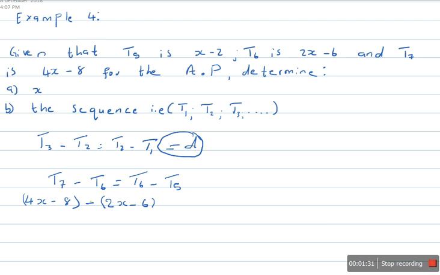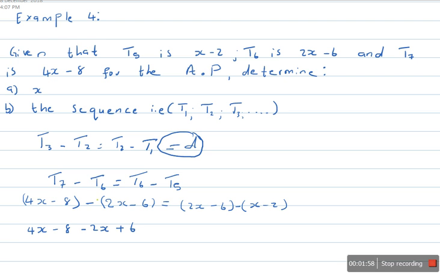Sikufake nje kuma-brackets ukuze ungeke ukhohlwe le negative sign. Equal to u-T6, sithe u-2x minus 6, bese kuthi u-T5, it's x minus 2. Right, so sesiyasolve. So it's 4x minus 8 minus 2x plus 6.